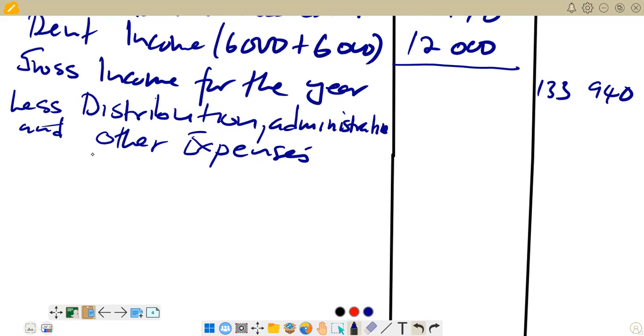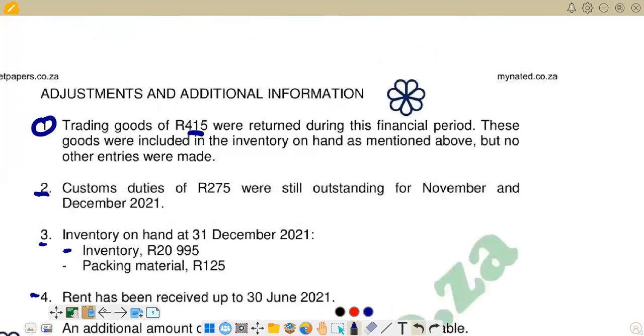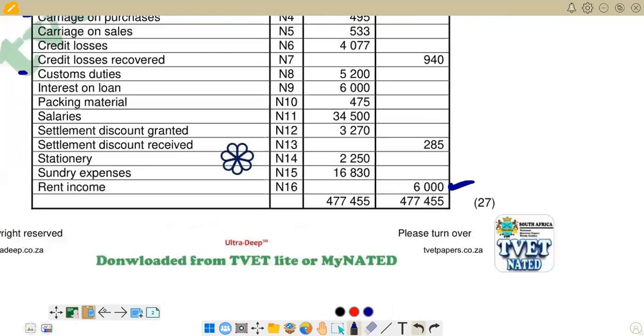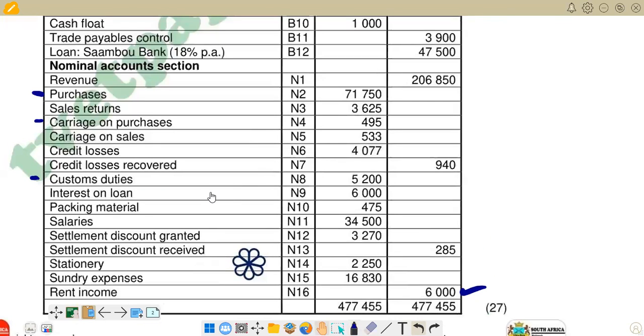So we are going to pick them in the list of balances. We go to the nominal account section and pick them one by one and try to see if they've got adjustments, and if they are there, we adjust. Right? This is our nominal account section. So we are going down, checking any operating expenses that you can see there.